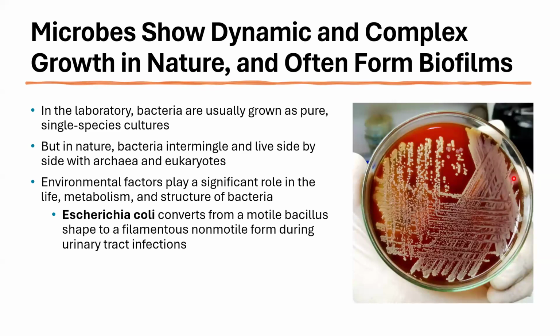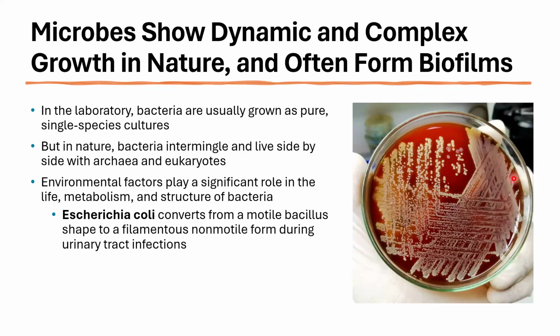So, for example, E. coli is generally a motile bacillus shape. So that means that they have these peritrichous flagella, they swim around in their environment, but they convert to these filamentous non-motile bacteria when they're actually causing UTIs. So E. coli are the most common cause of UTIs.